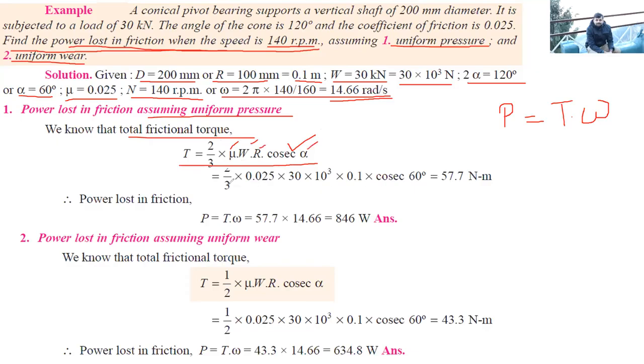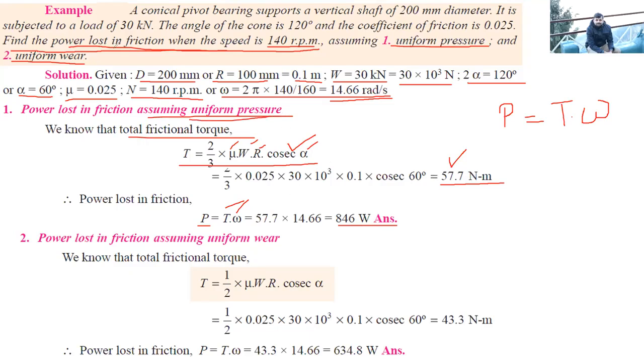So by substituting that and solving it, we get the value of frictional torque as 57.7 Newton meter. And we have the frictional torque and we have the value of omega. We can easily find out the power. And once we do that, we find this power comes out to be 846 watts as per uniform pressure theory.